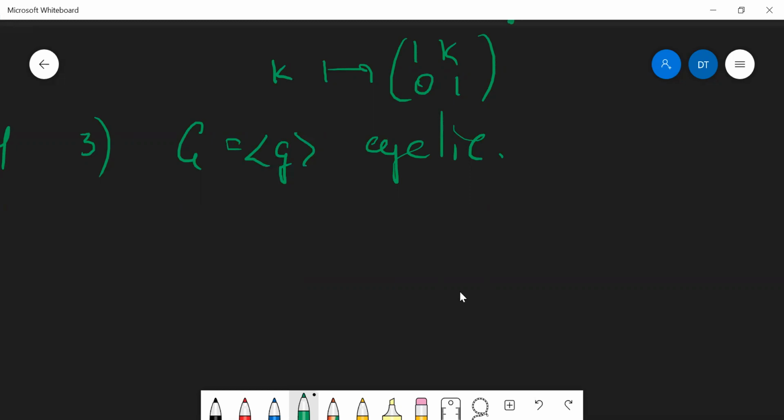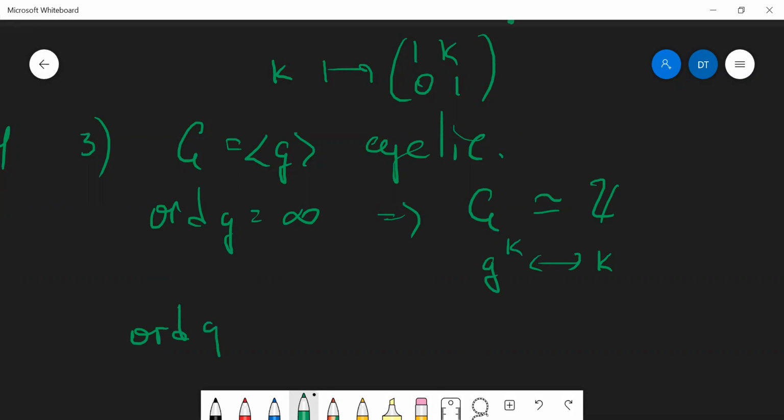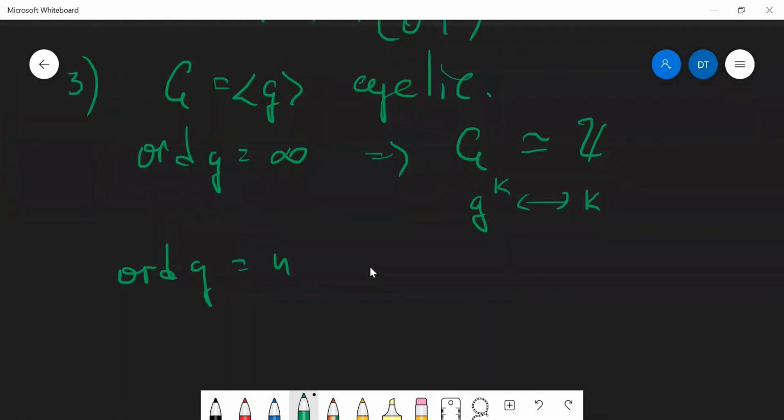But now, since we know the notion of an isomorphism, this simply means that if the order of G is infinite, then G is isomorphic to Z, and the isomorphism is provided by this map.